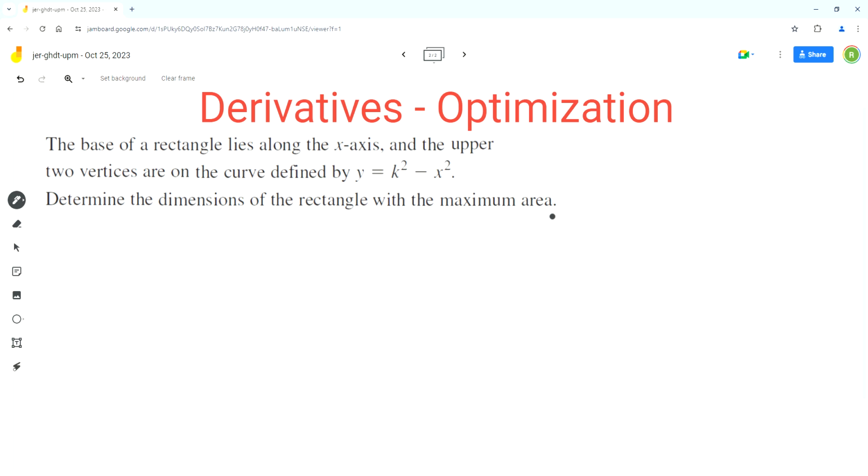So the first step is to analyze the given equation of the curve. This equation represents a parabola. It will become more apparent if we rearrange the terms in this equation.